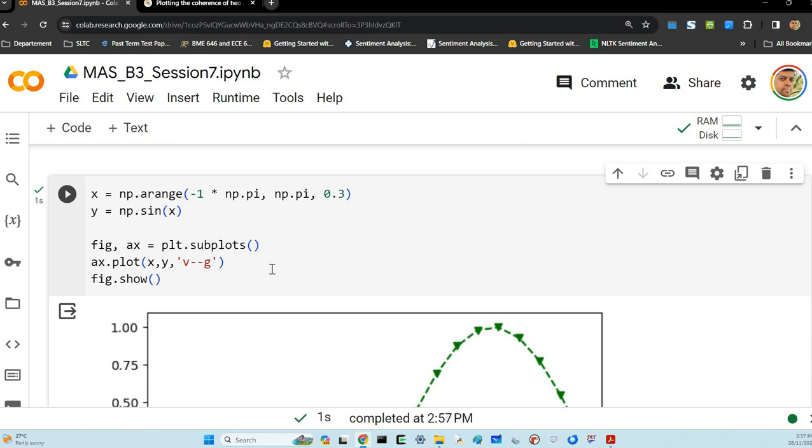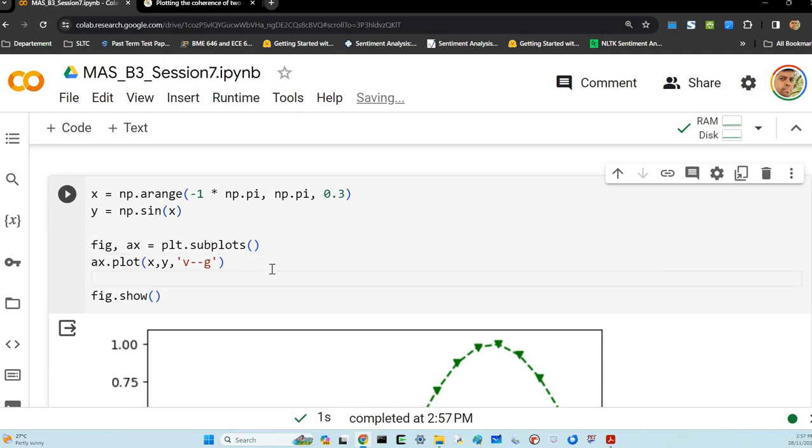So let's provide the title for this. Providing the title will be like this. We will put ax.set_title, and then you provide the label. So I will say y equals sine of x.